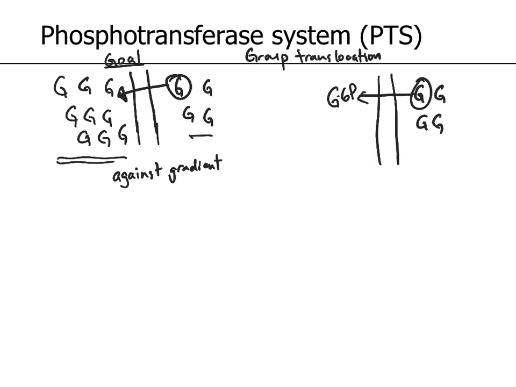Now what we have in here is a bunch of G6P. So now there's actually not glucose in here, the glucose is out here, so it's actually going down its gradient.